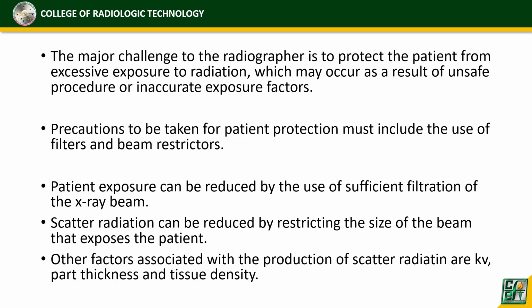In the meantime, scatter radiation can be reduced by restricting the size of the beam that exposes the patient. So what does that mean? Only the body part being examined should be hit by the radiation.